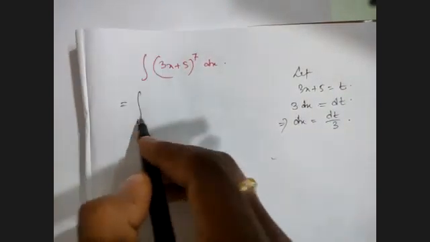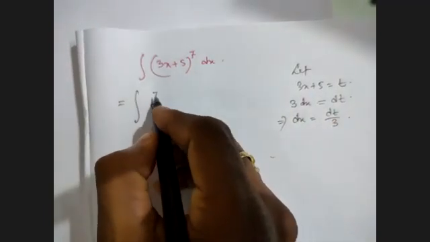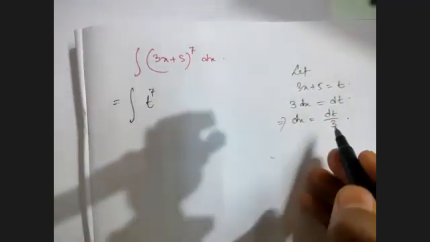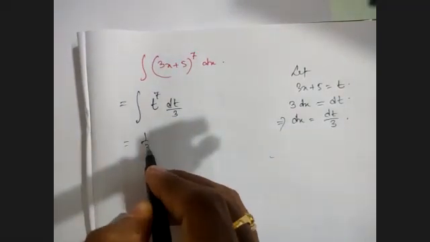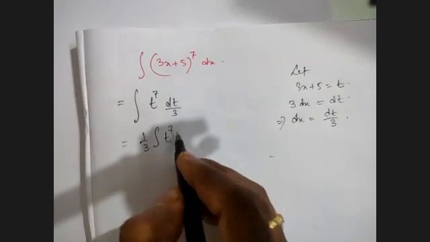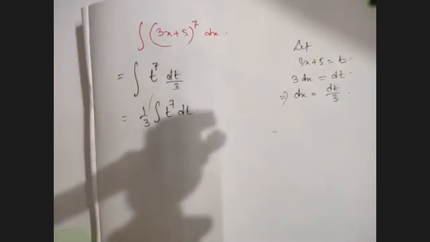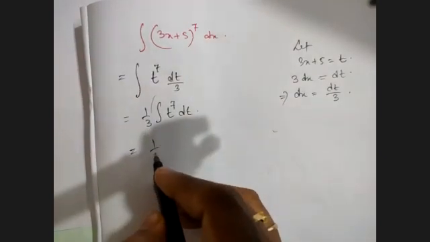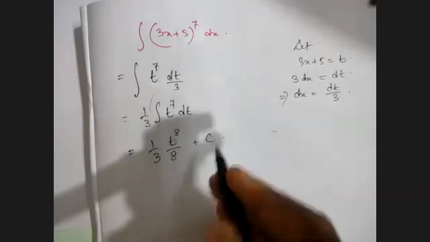So now if we replace all the values, this we have taken as t, so it will become t to the power 7, and dx means dt by 3. That means 1 by 3 t to the power 7 dt. Now it looks the same as x to the power n. So the formula gives t to the power 8 by 8 plus c.